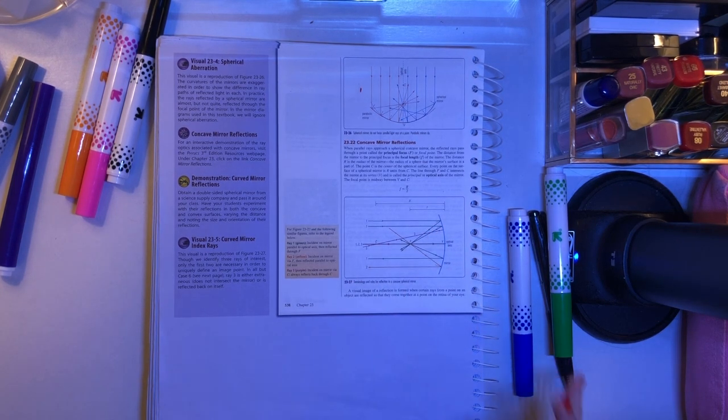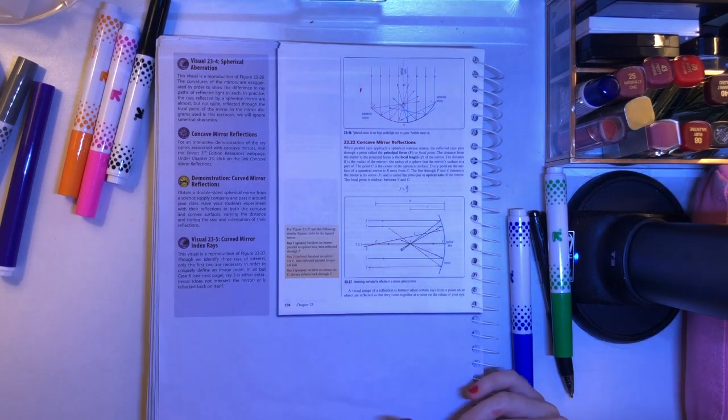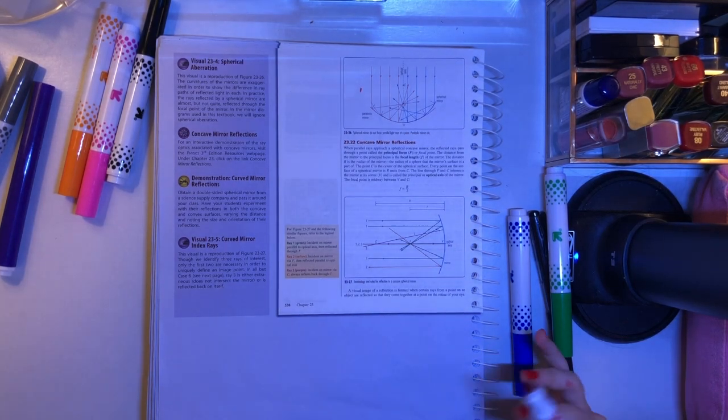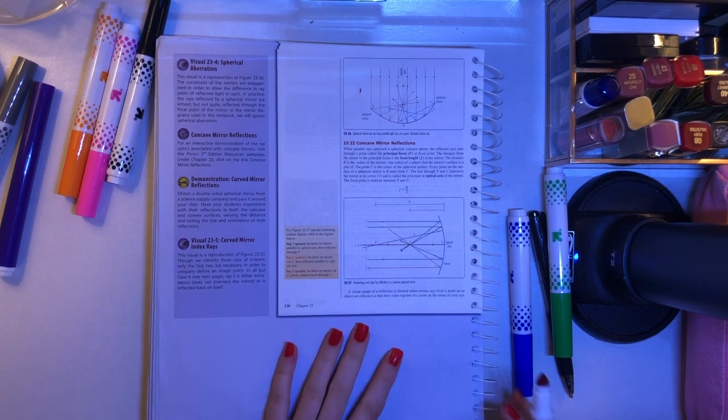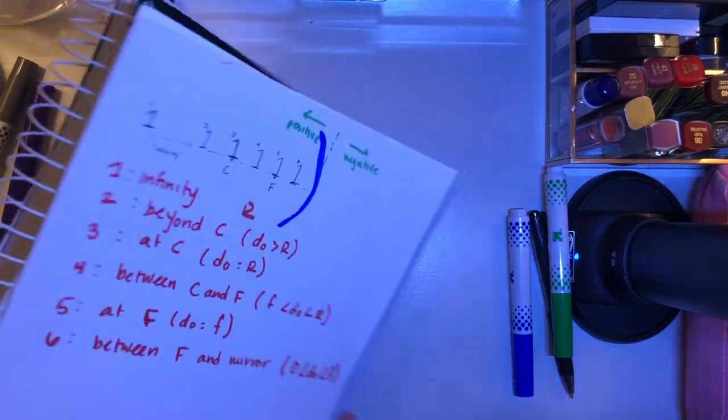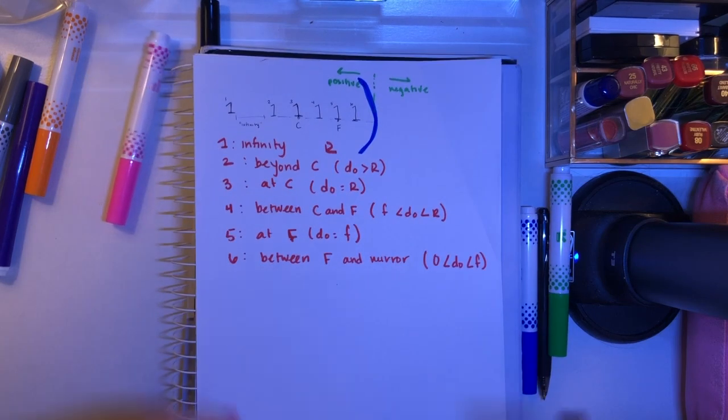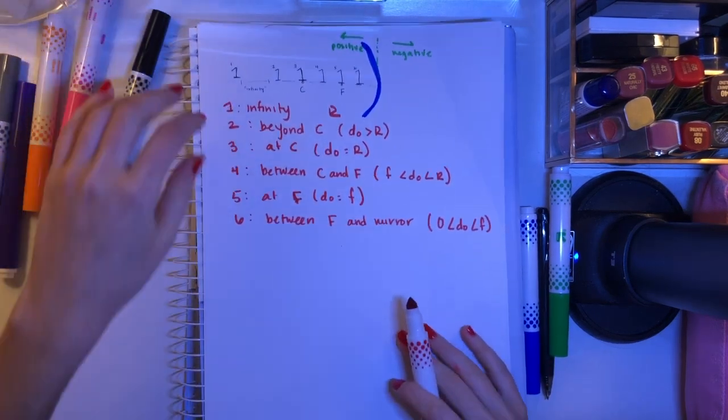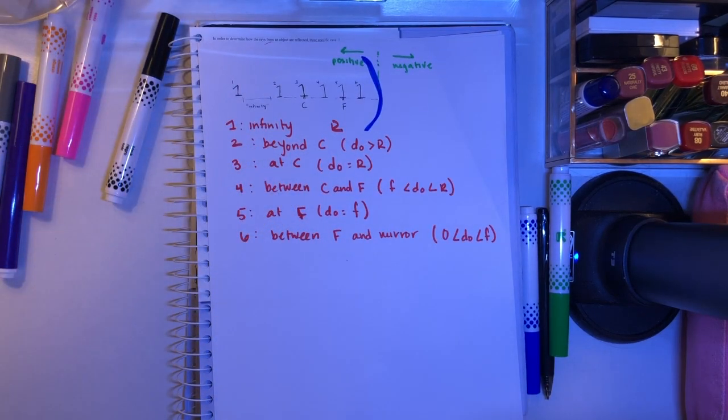Now we're actually going to start to use these along with the object locations to find the location of the image. What I mean specifically by the object and the image is, for example, if I were looking at myself in a mirror, I would be the object and I would see a reflection of my image.